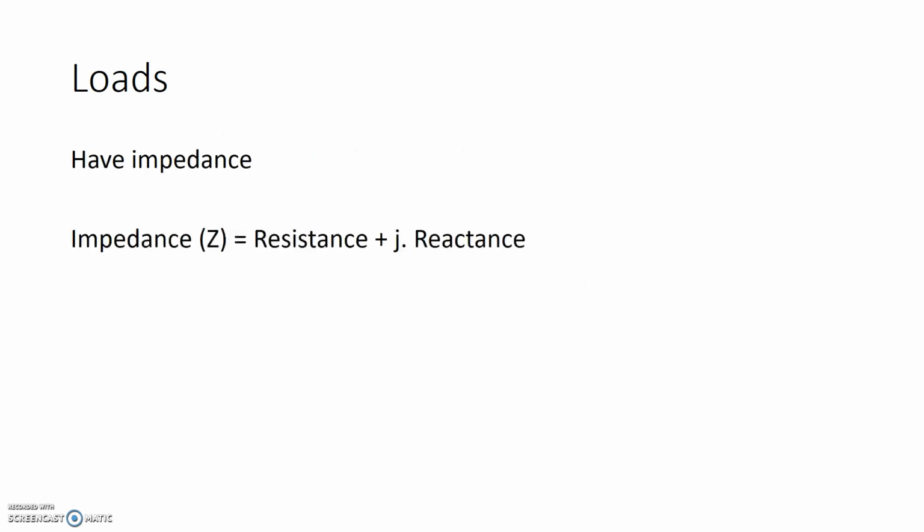So AC loads can have impedance, which is basically resistance, and reactance. Reactance is basically the inductance or the capacitance, and so forth. We've discussed these before. Now the resistance is responsible for the consumption of the average power, whereas there's this factor in the impedance called reactance, which is responsible for another type of power, called reactive power.